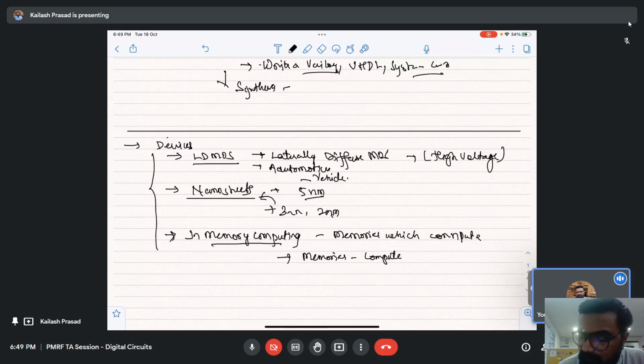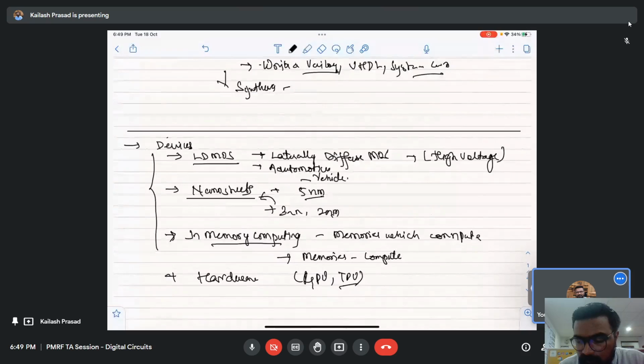Apart from this, we work on hardware accelerators, where we design systems like GPUs and tensor processing units, which can accelerate whatever workload you are running to be very fast. So these are some of the things you should know, from devices to circuits, right?